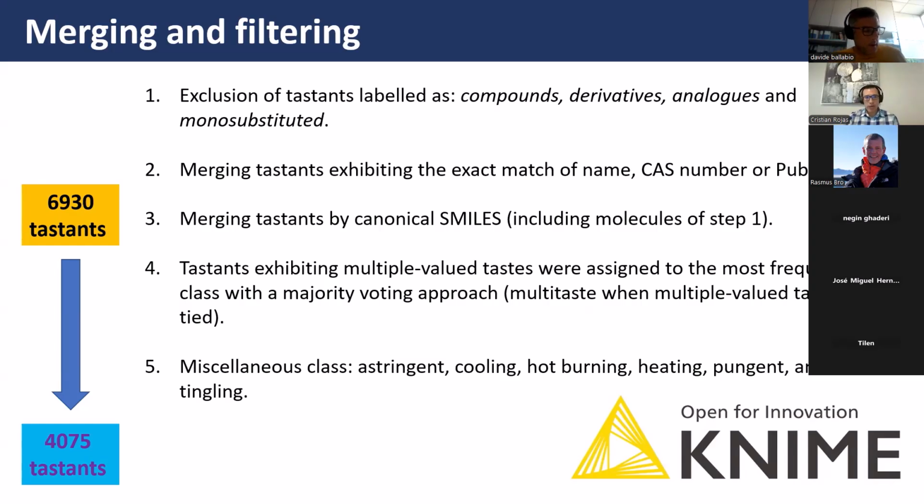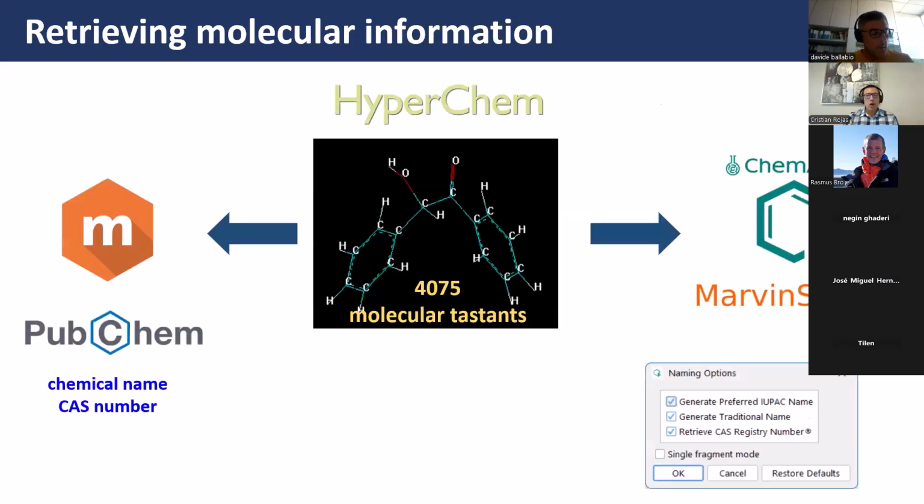Then molecules were assigned to a single class according to the majority voting approach, while the miscellaneous class was created by including molecules that exhibit non-basic taste, for instance, astringent, cooling, burning, heating, pungent, or tingling. All these procedures implemented in KNIME allowed us to identify 4,075 molecular tastants.